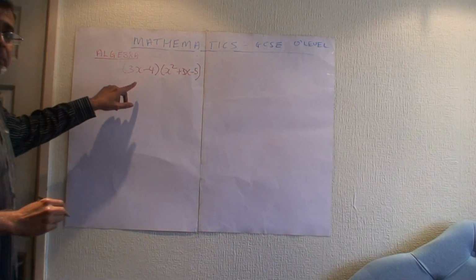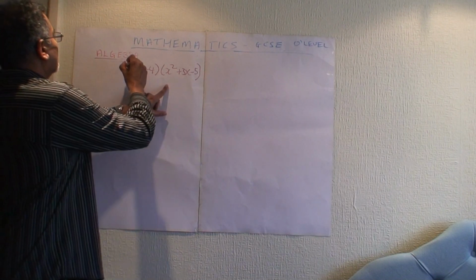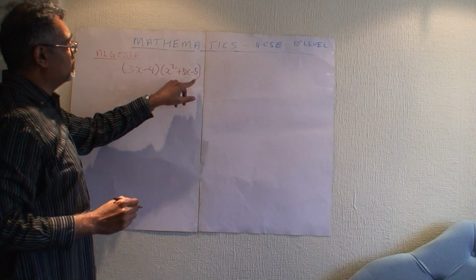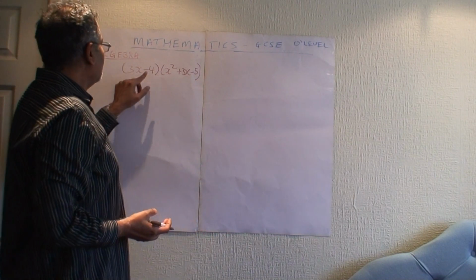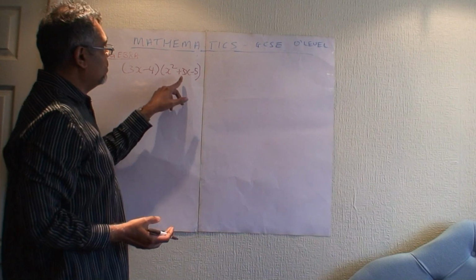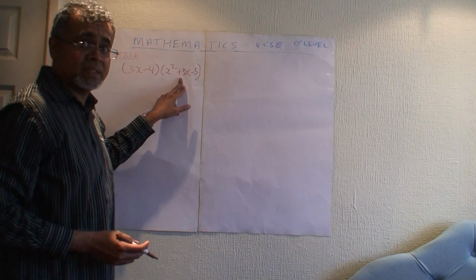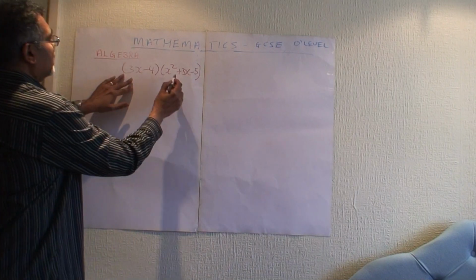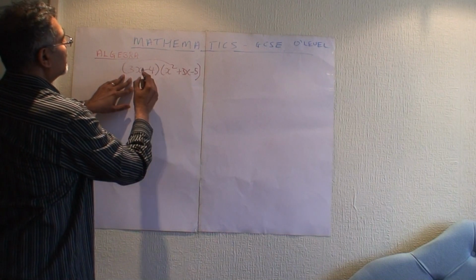Okay, here we have an expression. We have two terms here and three terms in this one, but the principle still applies: we have to multiply each of the terms in here with the three terms in the second bracket. So the 3x obviously multiplies with the x squared.